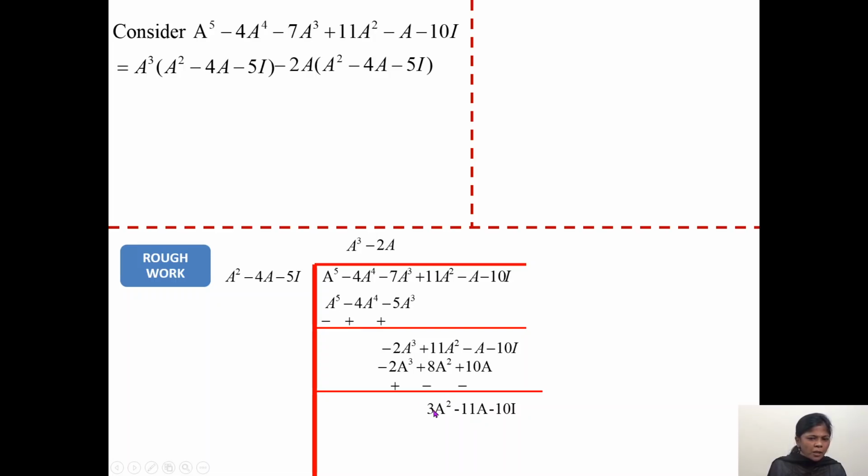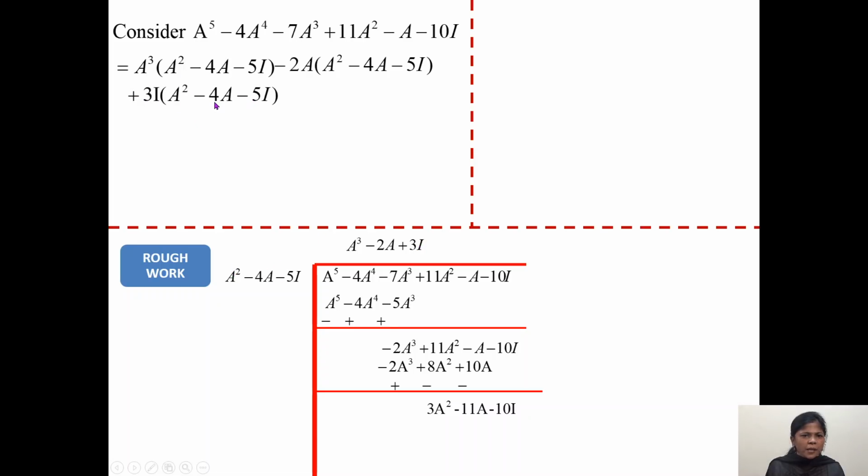So I have to obtain 3A square from A square. So we will multiply with what? Plus 3I. Okay, A square is already there, so I need to multiply with 3, but I cannot write 3 because all these terms are nothing but matrices. So I have to make this also a matrix. So I'll write 3I now. So I'll write plus 3I into this divisor over here.